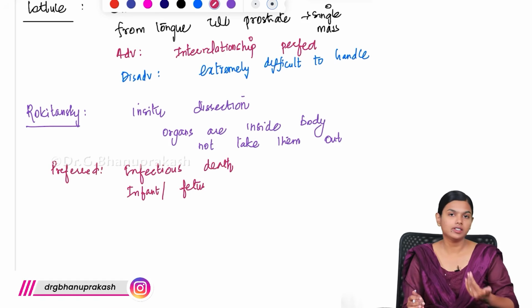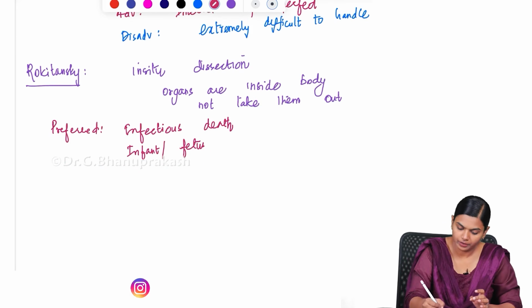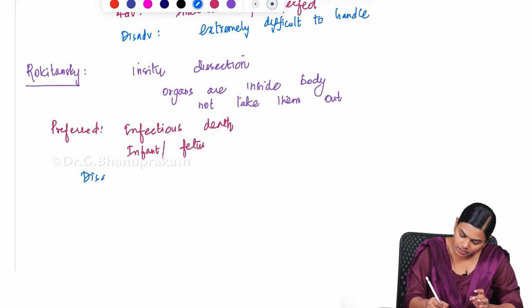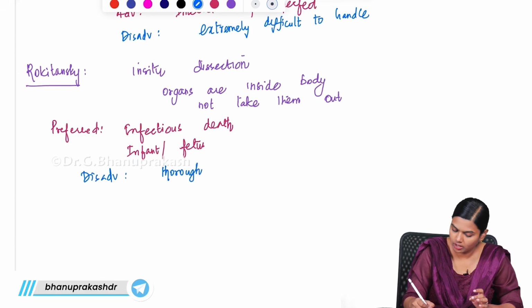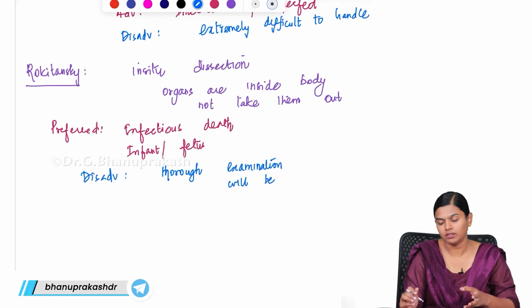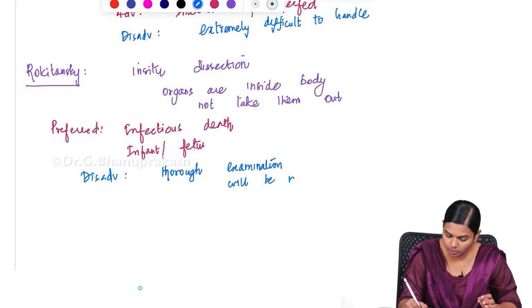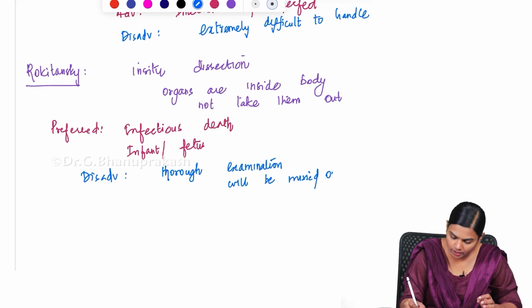And the main disadvantage with Rokitansky is that, what would be the disadvantage? Here you will not be able to do thorough examination. Thorough examination will be missed out. Complete visualization of the organ cannot be done in this Rokitansky method.